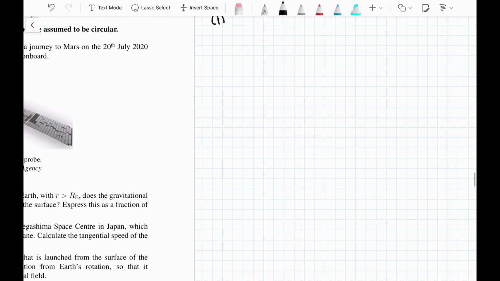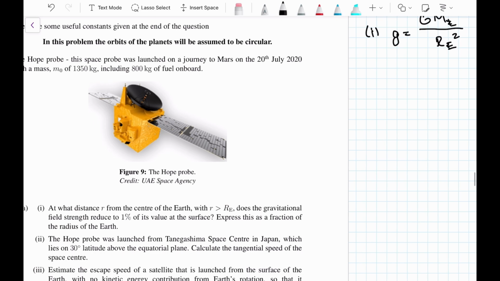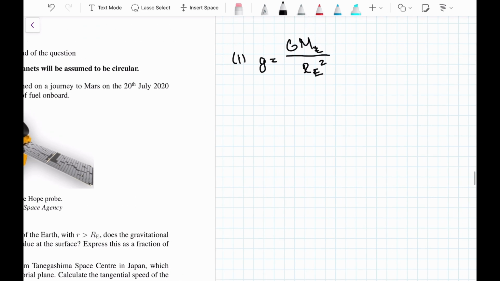The gravitational acceleration or field strength is equal to GMe over Re squared. In order for this to reduce to 1% of its value, basically divided by 100, you have to multiply this by 1 over 100.